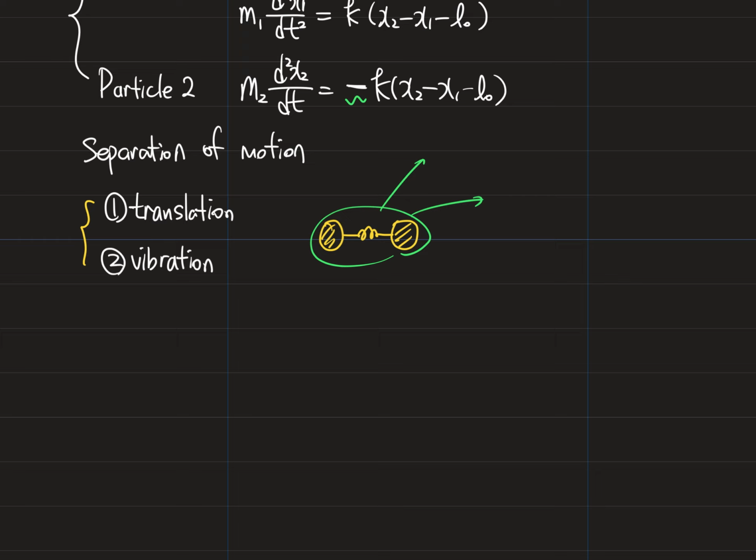That is the translational motion. And even without the translational motion, they can move, right? Which means at a fixed center of mass, these two particles can vibrate. That is the vibrational motion. So we can separate these two motions.